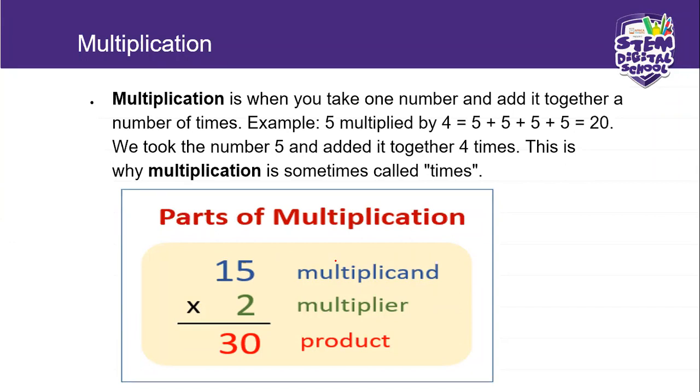So when we're looking at 5 multiplied by 4, we are saying that we're adding 5 together 4 times. We're repeating the addition of 5, 4 times. So it's 5 plus 5 plus 5 plus 5, and you can count in 5s: 5, 10, 15, 20.